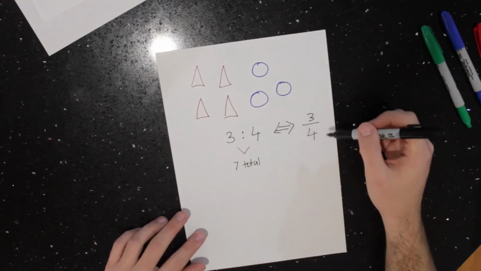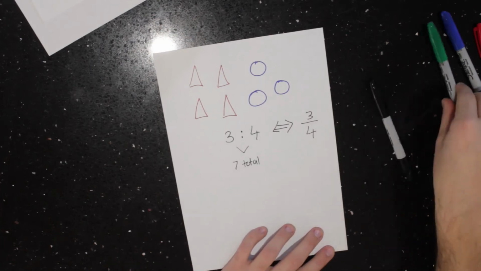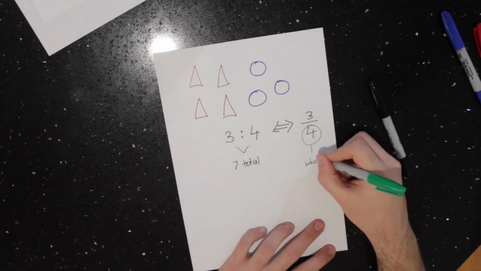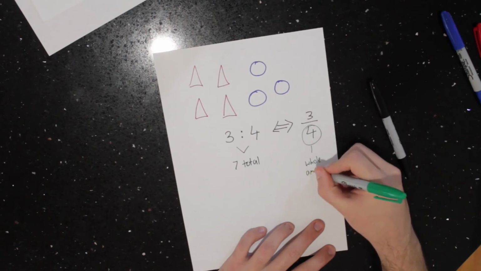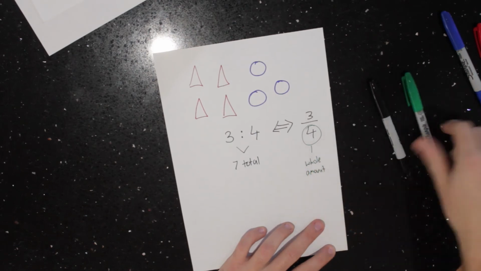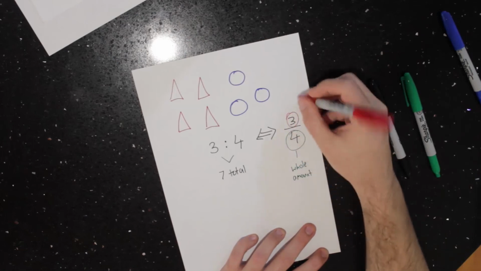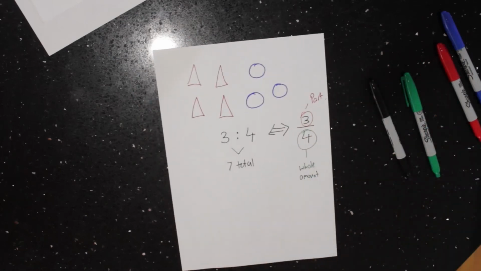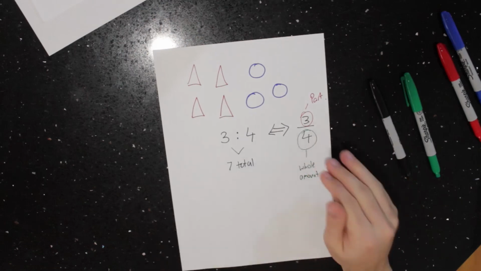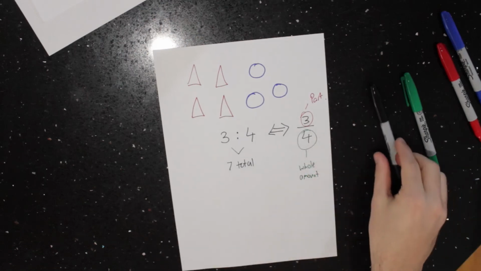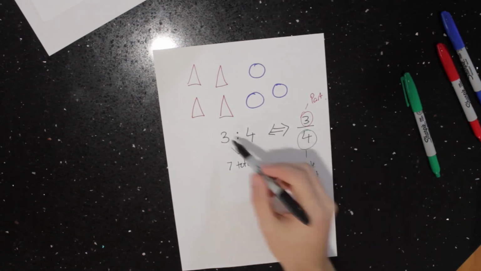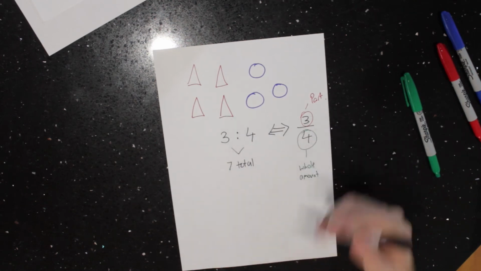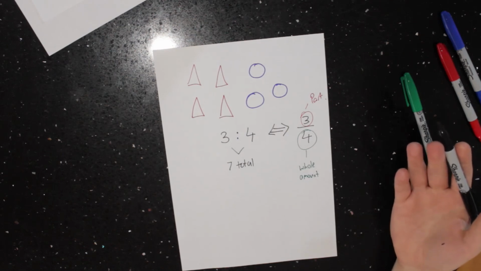Now if you remember when we were looking at fractions, this bottom number represents the whole amount, and this top number represents the part. So fractions come in handy later, but when you're asked to write a ratio, always remember that you need to write it in this way, even if you've been working with fractions a little later down the line to solve some problems.